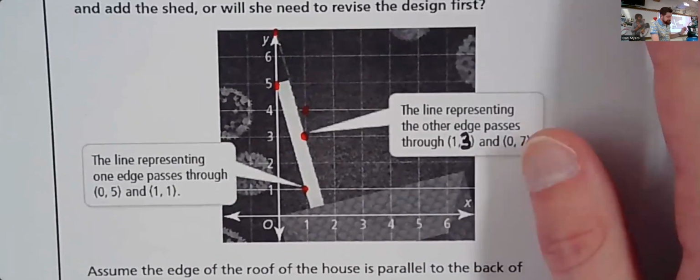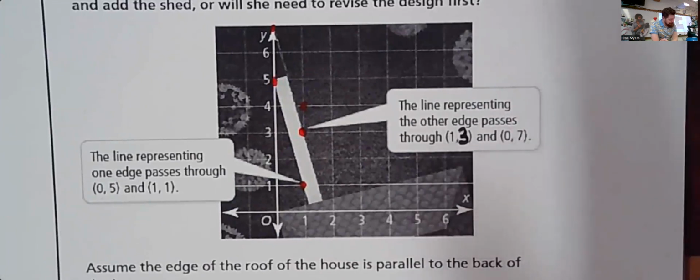Doesn't seem to make sense, does it? (1, 3), I think, is what they meant to write. Shouldn't be (1, 4). It should be (1, 3). Cross out that 4, make it a 3. That appears to be a typo. So (1, 3). That's definitely (1, 3) right there. Okay. So (1, 3) and (0, 7).